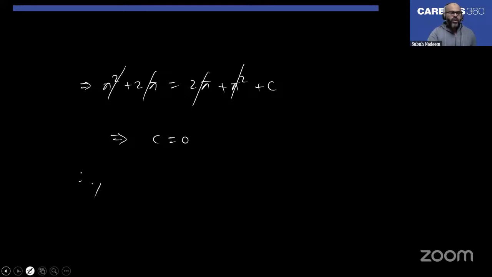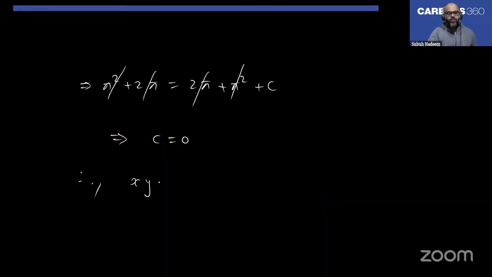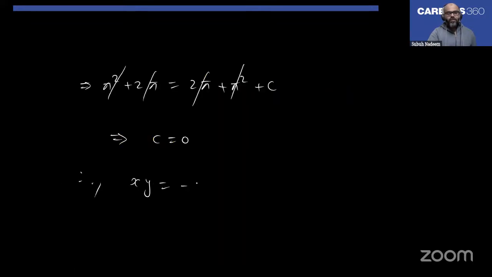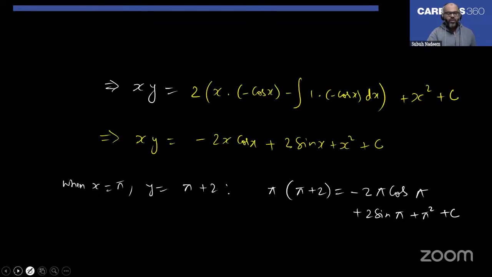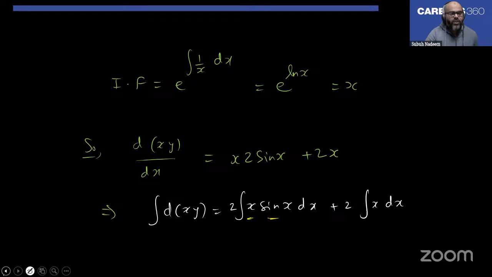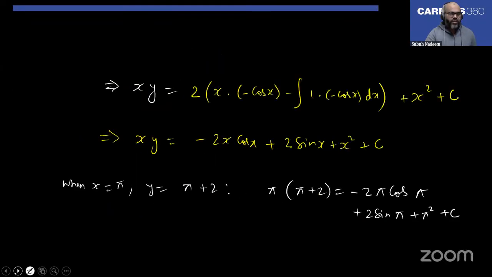So therefore the solution of the differential equation is xy is equal to minus 2x cos x, and then plus 2 sin x plus x square, and c is 0. Now what is given here is value of y of pi by 2.